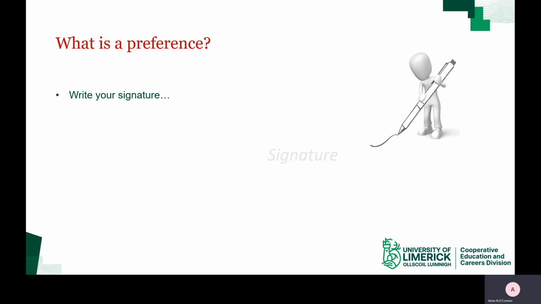I just want you to write your signature. Perfect. I assume most of you have done that at this stage. Now what I would like you to do is write your signature with your less dominant hand, whatever that be, left or right.